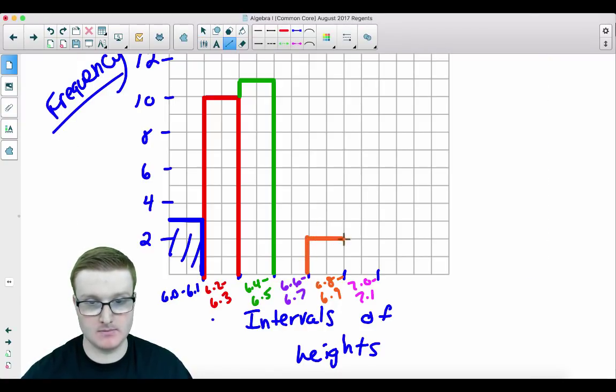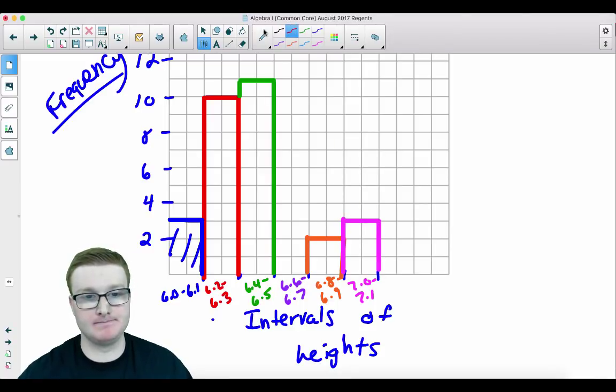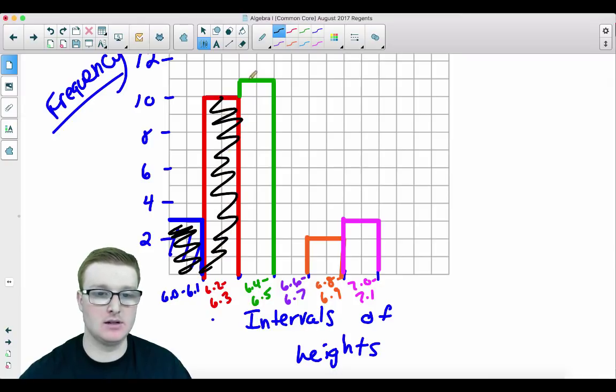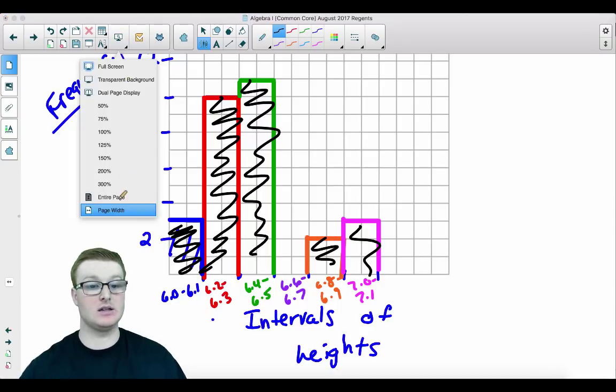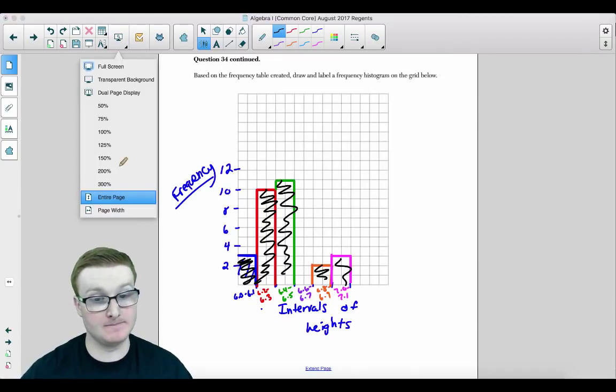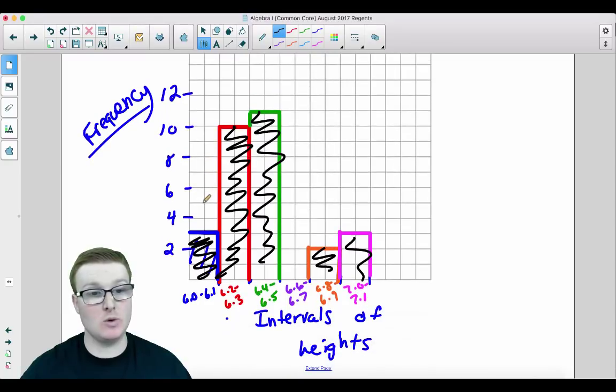And for the last one, we have 3 people. Now you just shade it in with a pencil, pen, whatever you got to do. Shade it in. And that, ladies and gentlemen, is how you create a frequency histogram. Not too bad of a question.